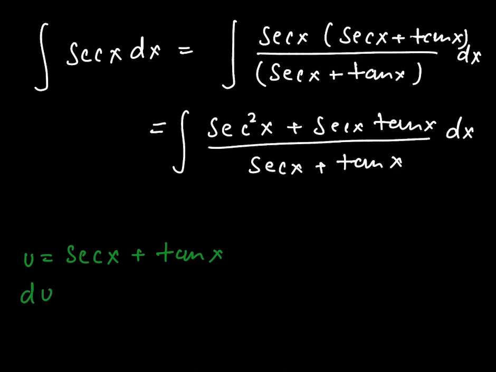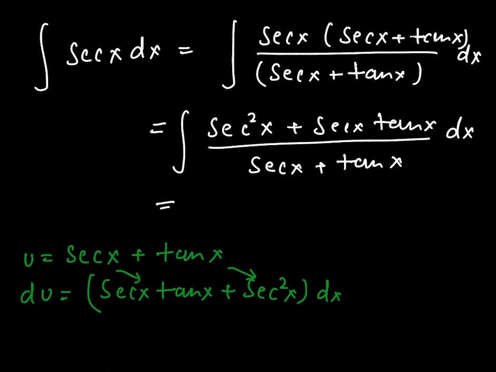So the derivative of u is going to be secant of x times tan x plus secant square x dx, because the derivative of secant x is secant x times tan x, and the derivative of tangent of x is secant square x. So we would plug in these values.